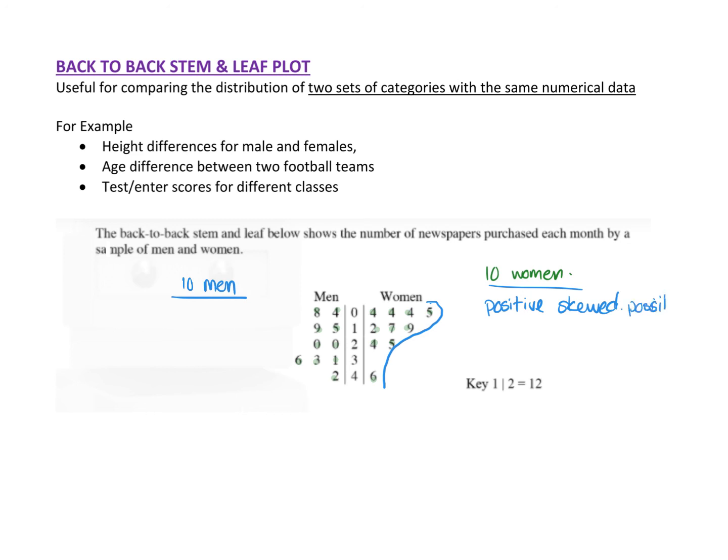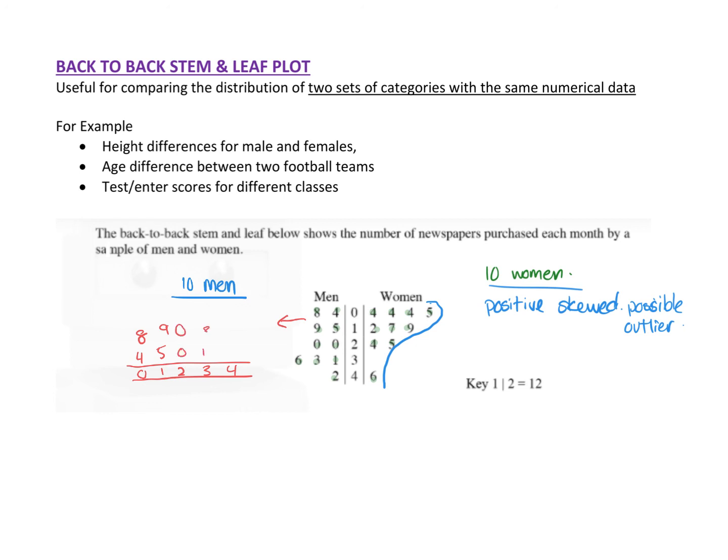What you have to be careful with in a back-to-back stem and leaf plot is the one on the back, this one, because it looks different to the eye, so you've got to be careful when looking for the shape. If I flip this and made it like a dot plot with the stems down here, and if we measured that out, it's sort of the reverse of how your eye sees it.